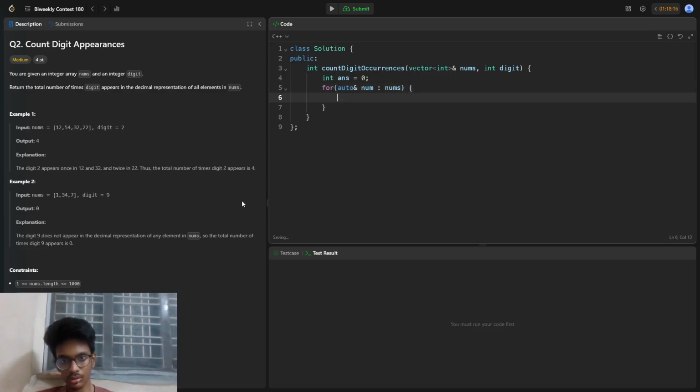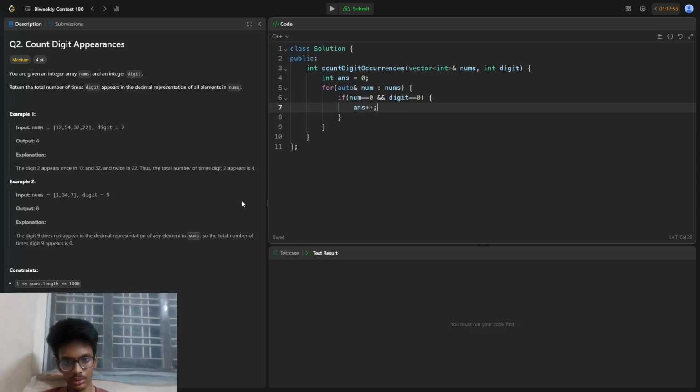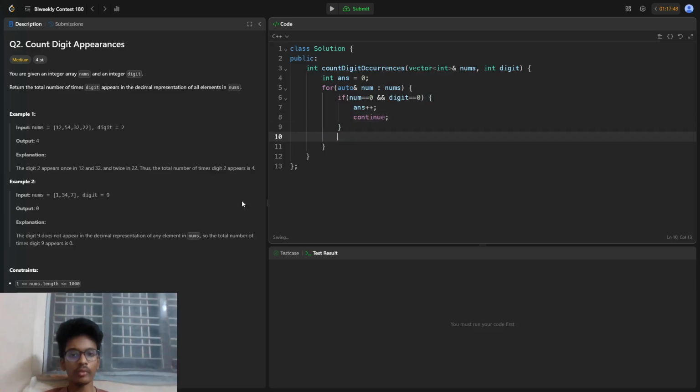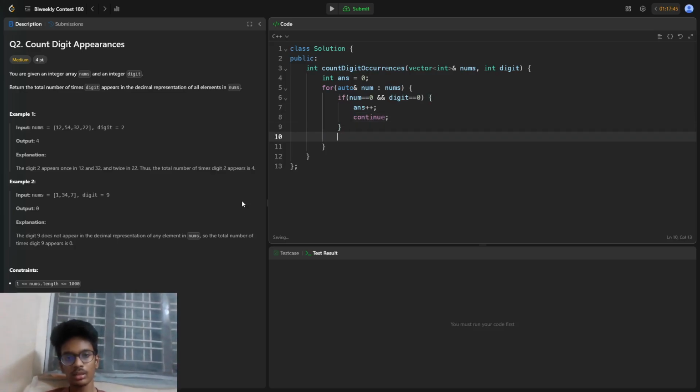For each num in nums, if num equal to 0 and digit equal to 0, in that case answer plus plus and continue. The 0 appears at the base case while extracting digits, so it's a problem for us. Let's handle it beforehand.